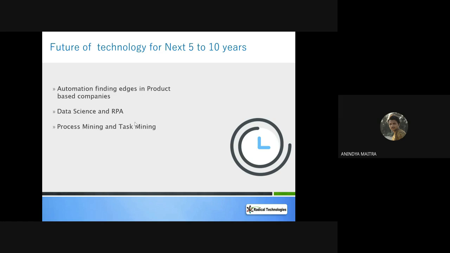Process mining and task mining analyze the gaps in the process, where it is lagging, what the pain points are, and solve them. So that is very important. Since the last 1 or 2 years, many companies have entered this sector, like Celonis, and UiPath also introduced UiPath Process Gold for process mining and task mining.